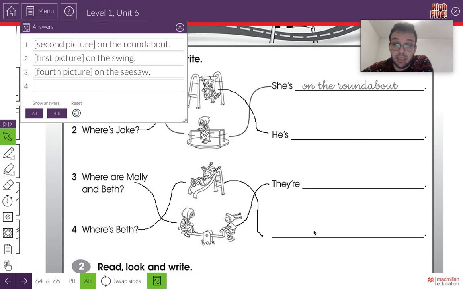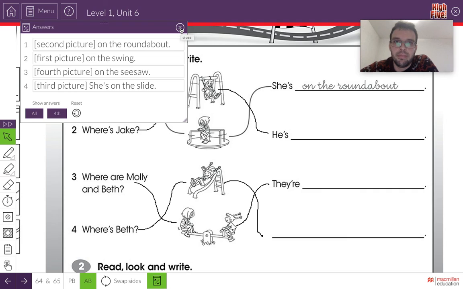Okay, we have to write the full phrase. She's on the... And what is this thing? Let's have a look. She's on the slide. Very good. So, number 4, where's Beth? Okay, and we write here, she's on the slide. Okay, so write your answers in your notebook.